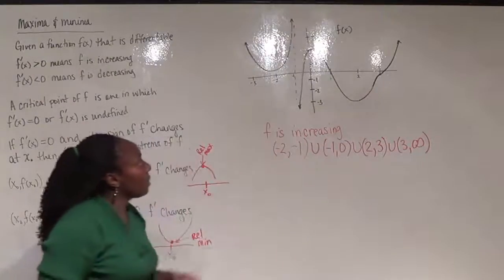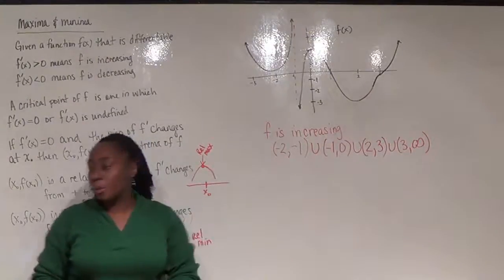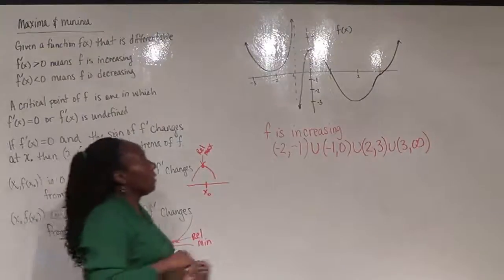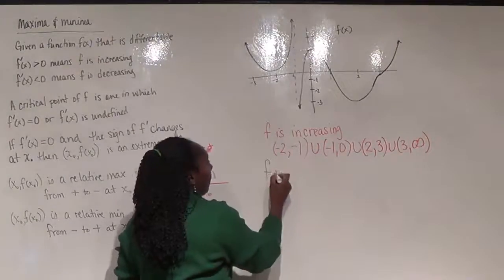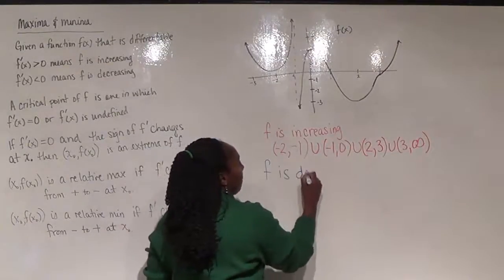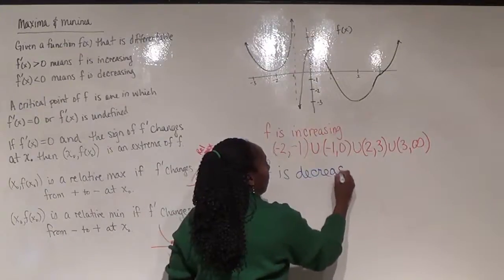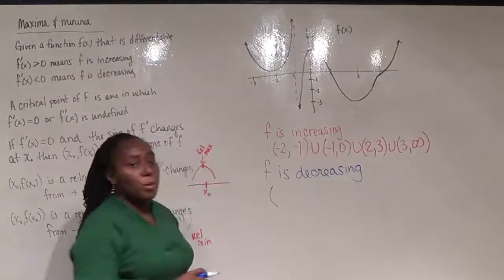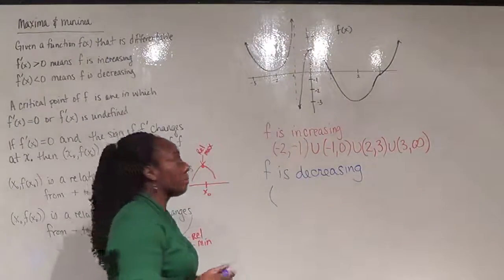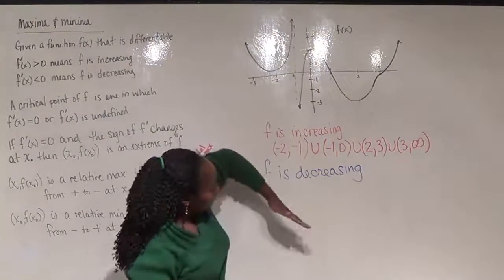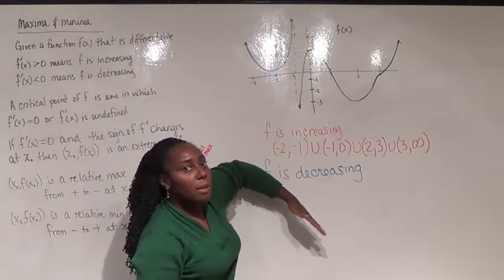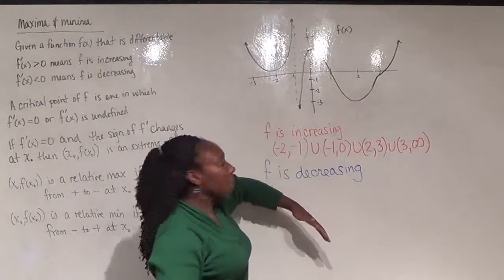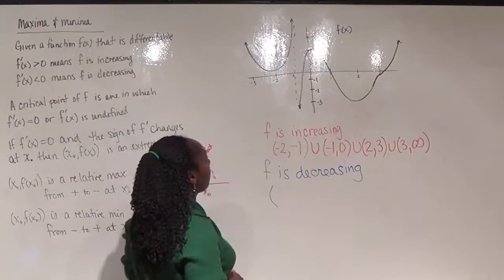If we look, we can do the same thing with the decreasing. So here we can say f is decreasing on the intervals where the slope is negative. So when the slope is coming downward, those are the places my derivative is negative.